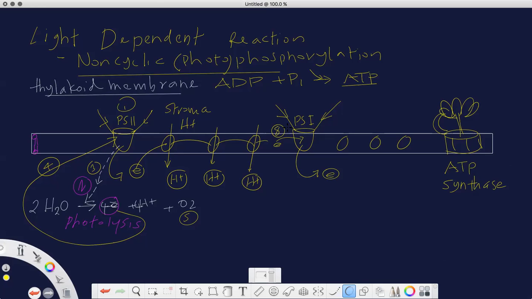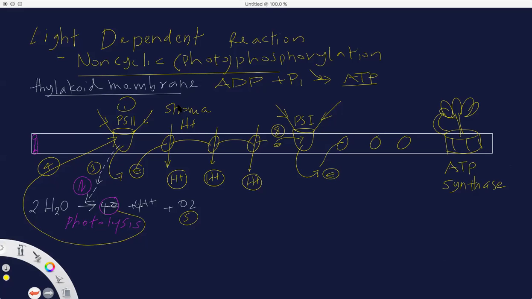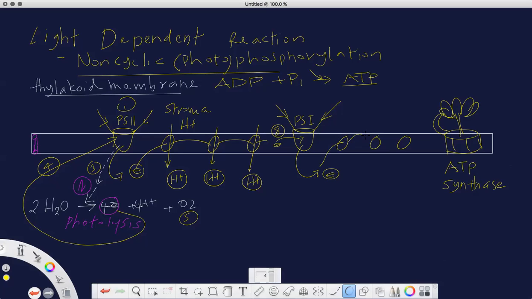Right, now let's see what happens to these electrons released from PS1. Again, these electron acceptor molecules take this electron, and it goes from one complex to another complex and to another complex.